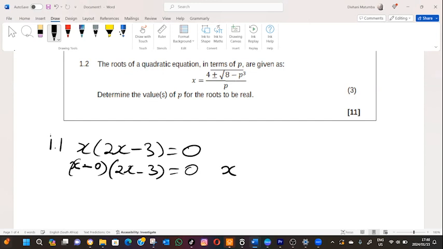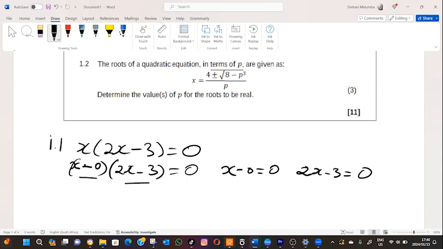What we know is that if we take all the factors and equate them to 0, we can find the roots or the solutions. The second factor is 2x minus 3. We equate it to 0.